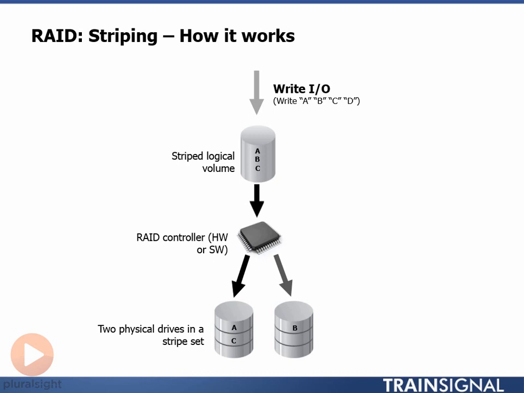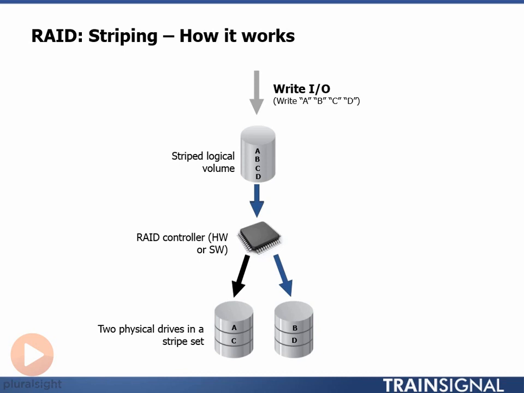It goes through the same process, hits the logical volume, hits the RAID controller, and hopefully we should understand by now that it will hit drive 2 on the back end. So we've had 4 small writes, evenly balanced across our 2 drives. If we'd gone for 4 physical drives on the back end, these 4 writes would have been evenly distributed across all 4 drives, with 1 write going to each drive.